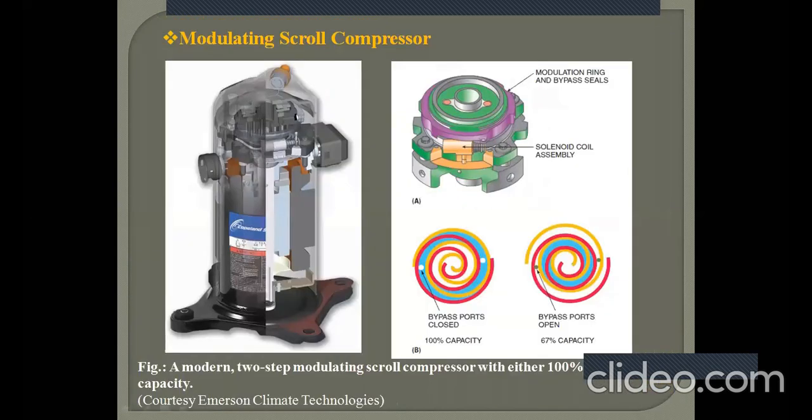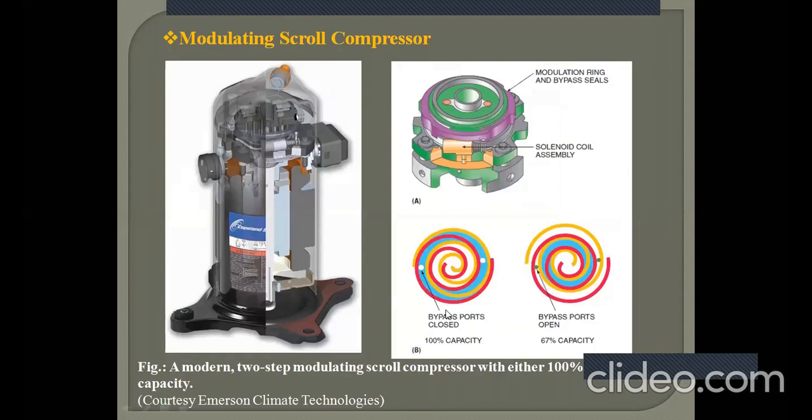Then the modulating scroll compressor. Modulating means you can change the capacity as per your load. On the right hand side, you can observe that this compressor is working in two steps. One is 100%.